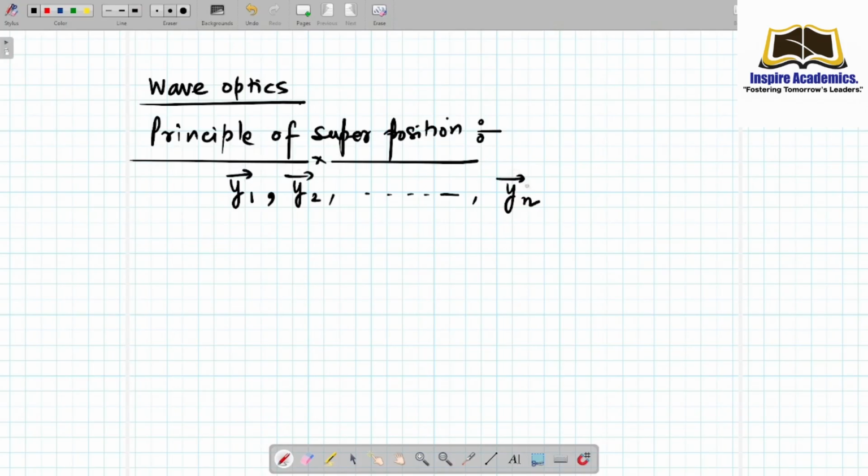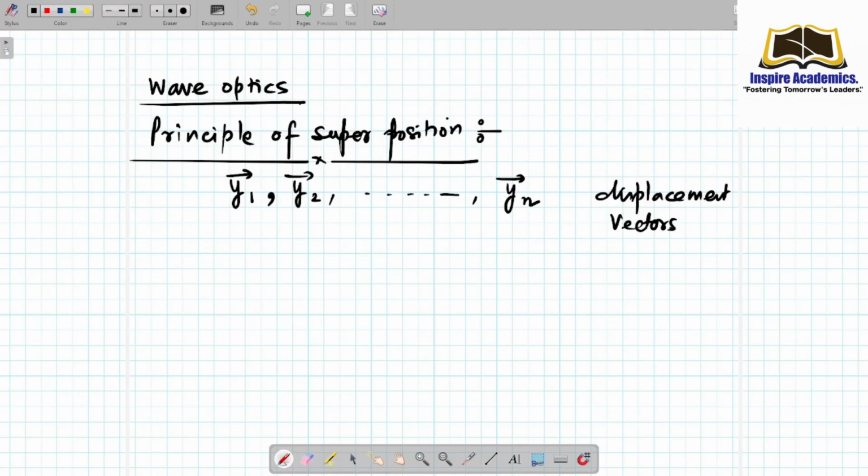We will call them displacement vectors. Because जब भी कोई वेव होएगी तो पार्टिकल क्या होंगे? They will vibrate up and down. So we will actually represent the wave in terms of their displacement vector. All right.